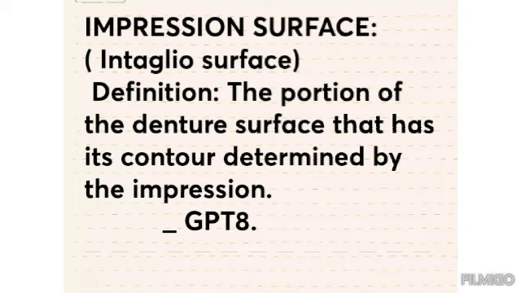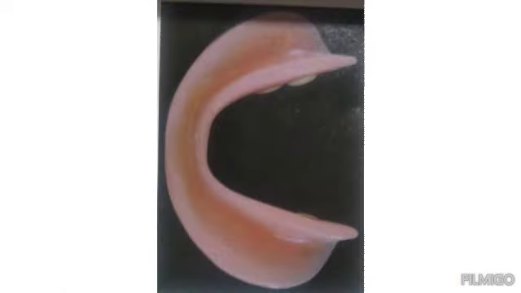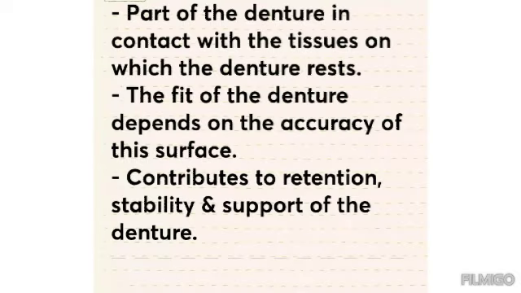The definition of this surface is the portion of the denture surface that has its contour determined by the impression. This definition is also given by GPT-8. So the important point is that impression surface is also called intaglio surface. This picture shows the impression surface, the part of the denture in contact with the tissues on which the denture rests.